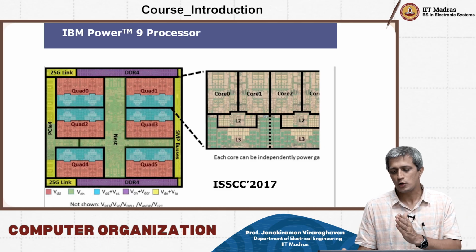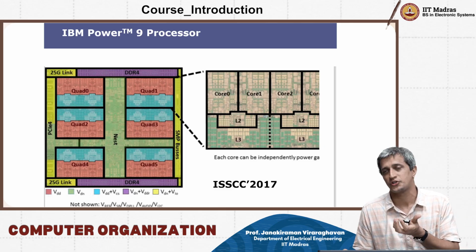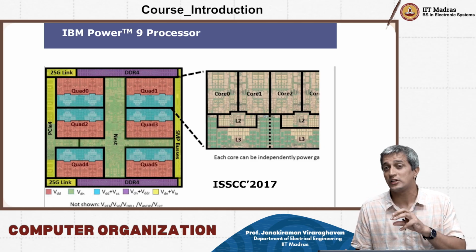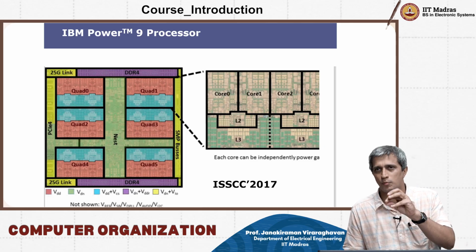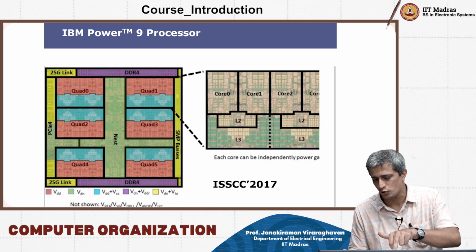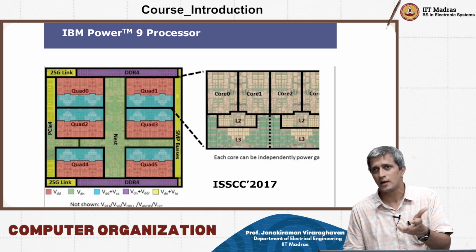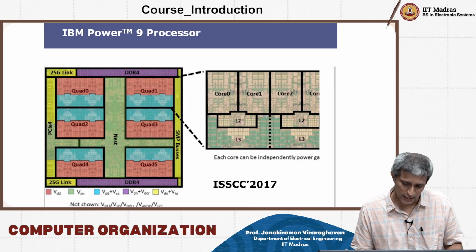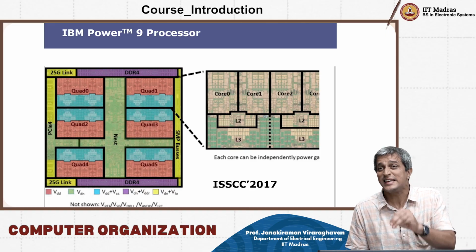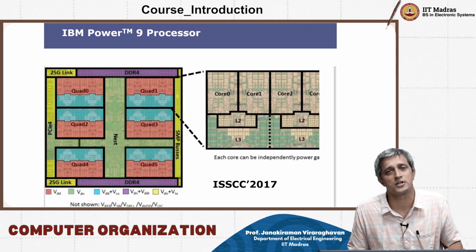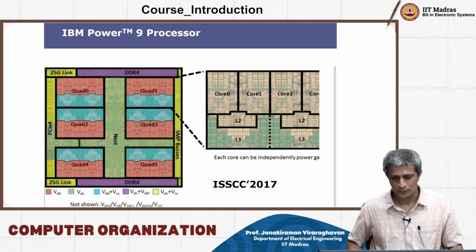What you see as L2 and L3 are the shared level 2 and level 3 caches. L2 is a smaller memory compared to L3. If you look at the area of L2 and L3, it will tell you the size of that memory. There is an L1 cache which is inside each of these cores. That's not explicitly shown in this diagram.